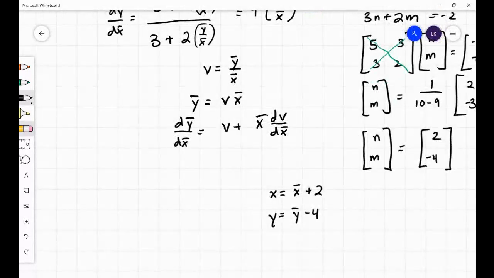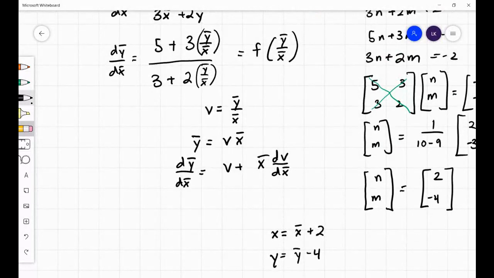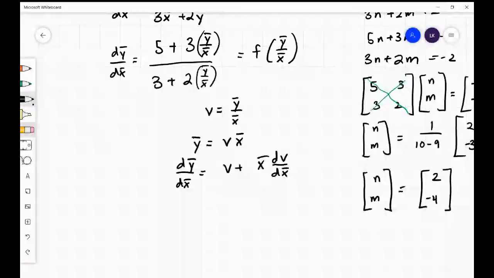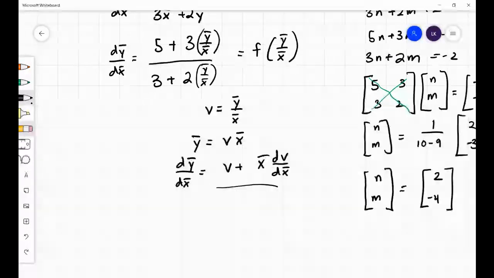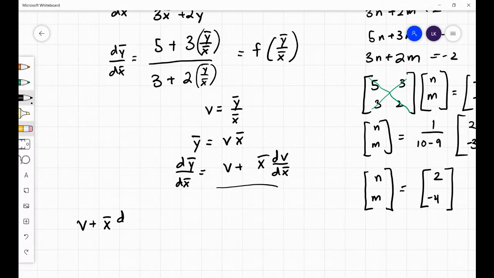Okay, so then we complete the substitution. We get dy bar, or the derivative of y bar with respect to x bar, is equal to, and on the right hand side we get a function of v.